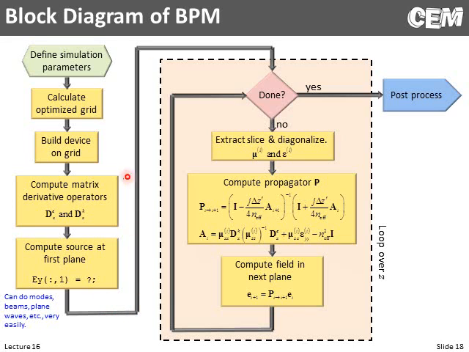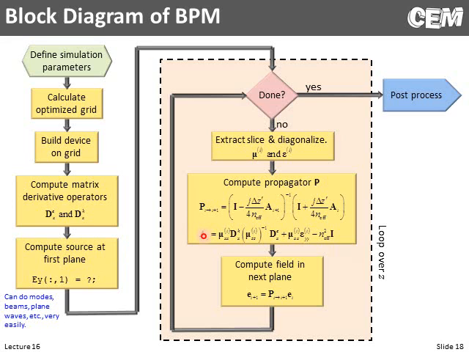So now we're ready to head into the main loop where we iterate through all the slices or layers in our grid. We will extract the material properties from that first slice and form our diagonal permeability and permittivity matrices. Once we have that, we can calculate this A matrix because we'll have our diagonalized material matrices. We'll also have our derivative operators, which we calculated before we went into the loop.